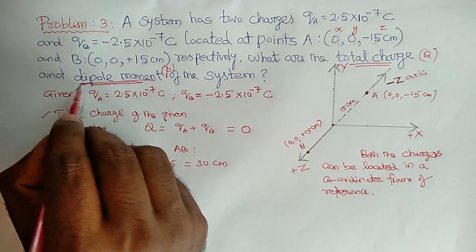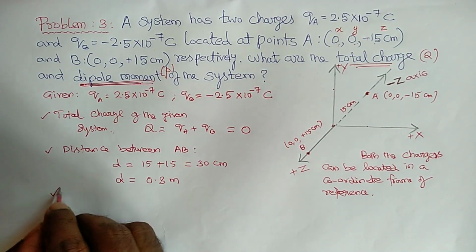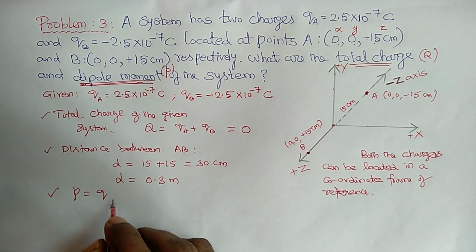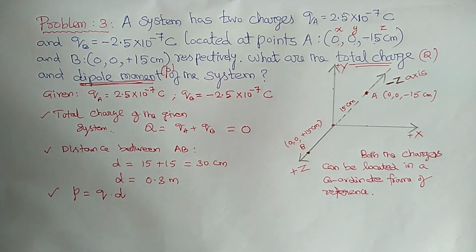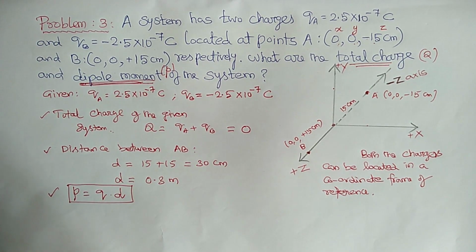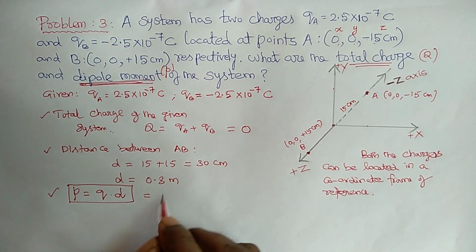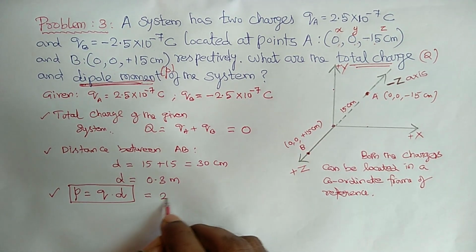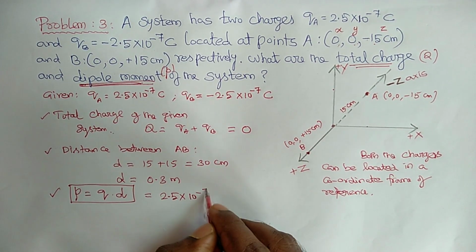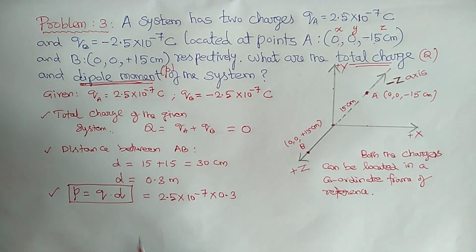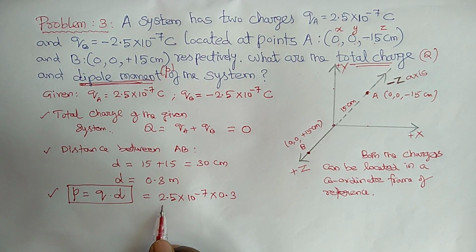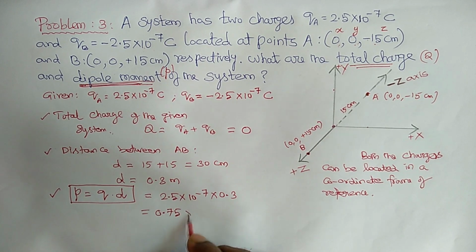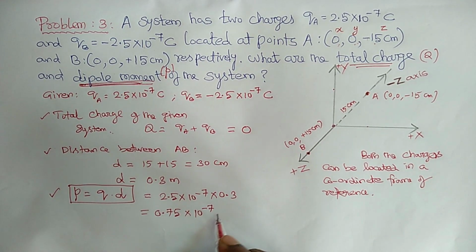Our aim is to calculate the value of dipole moment P. The formula for dipole moment P is equal to the product of the magnitude of one of the charges and the distance, so Q into d. What is the value of Q? We only consider the magnitude of charge, so both are equal. So 2.5 into 10 power minus 7 into 0.3. 0.3 into 2.5 is equal to 0.75 into 10 power minus 7.